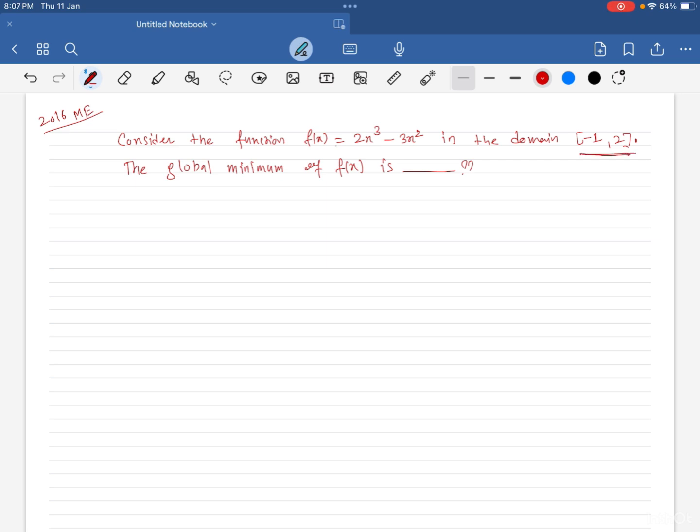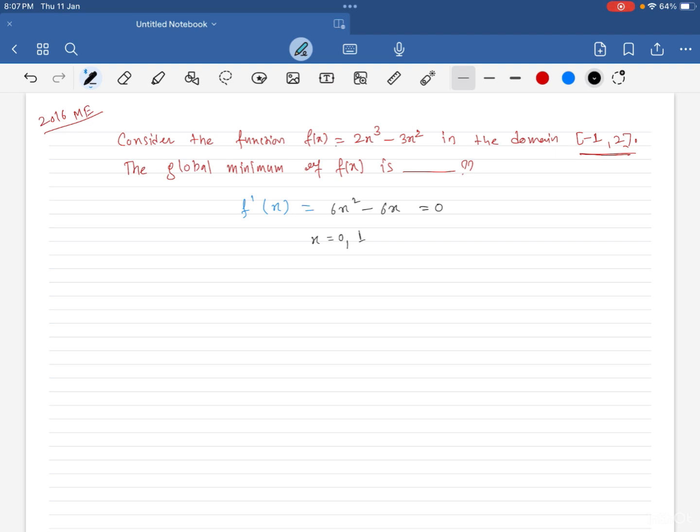So what we can do, first of all, we can find the stationary points where the function may change, so that we can find using the first derivative. Then we will equate it to 0, right? And from here what we will get is x equals 0 and x equals 1, right?